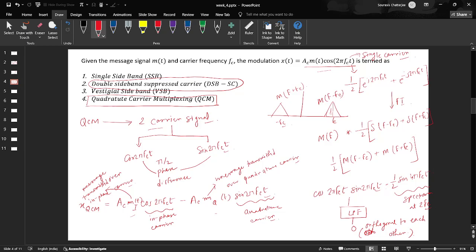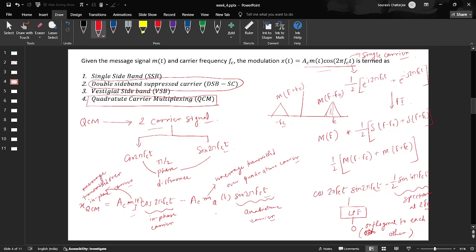You can visualize this as them coexisting, but since they have this particular property, their phase shift is pi by 2, so when you multiply them, and multiply here is a symbol of interacting, you can see that there is no baseband component.